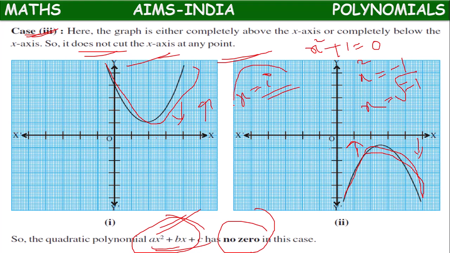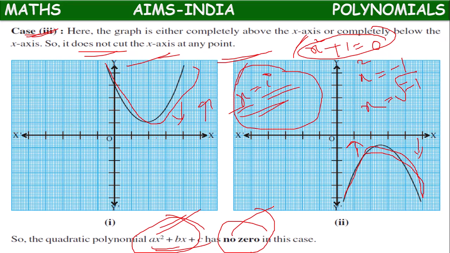So there is no real number belonging to x in this case; no real zero. For this kind of equation, there will be no zero.